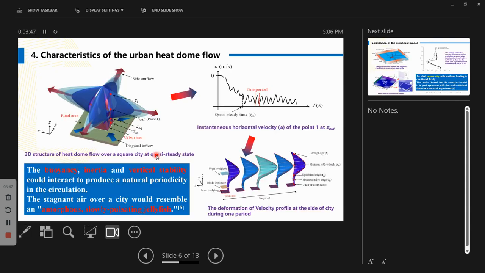Also, the urban heat dome flow is periodic, and as described by previous studies, the urban heat dome flow is just like a moving jellyfish. So it's maybe very interesting.